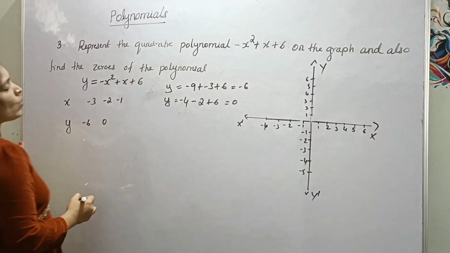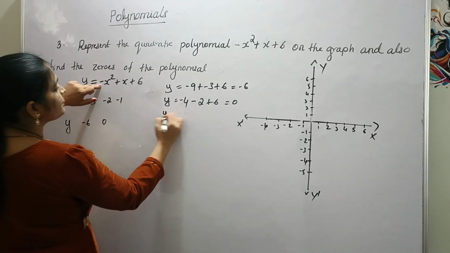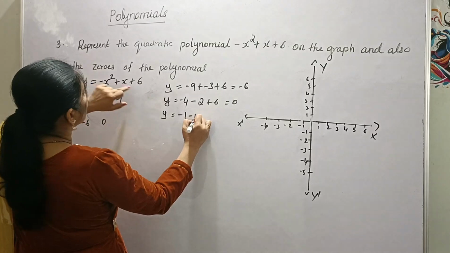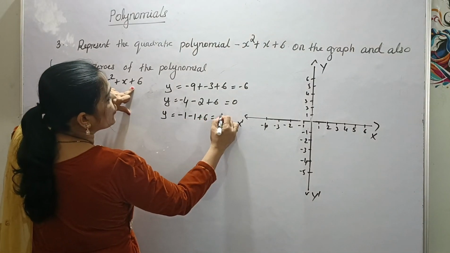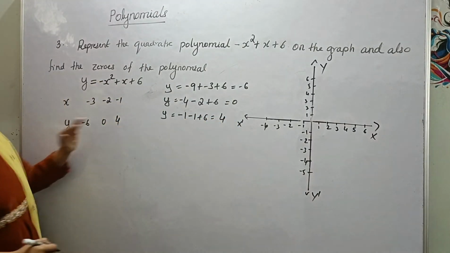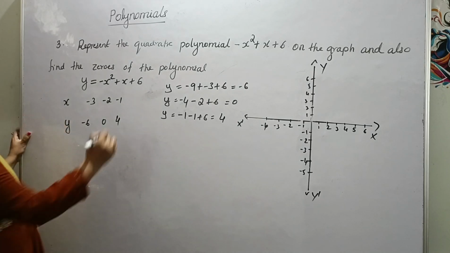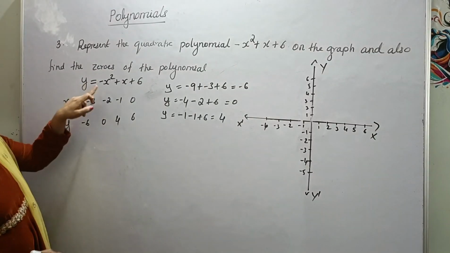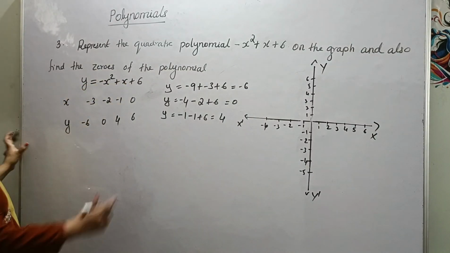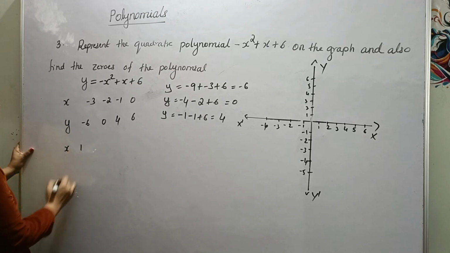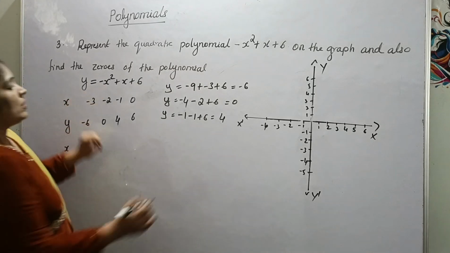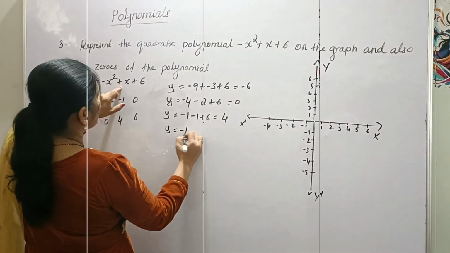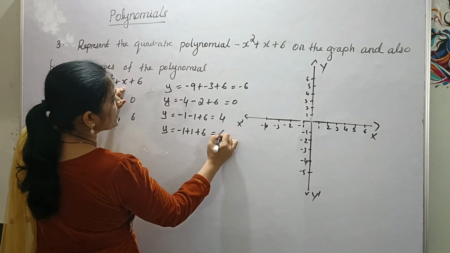When x is equal to minus 1, minus of 1 square, 1, minus 1 plus 6, that is 4. And when x is equal to 0, y is equal to 6, right? And when x is equal to 1, y is equal to minus of 1 square, 1, so minus 1 plus 1 plus 6, that is 6.